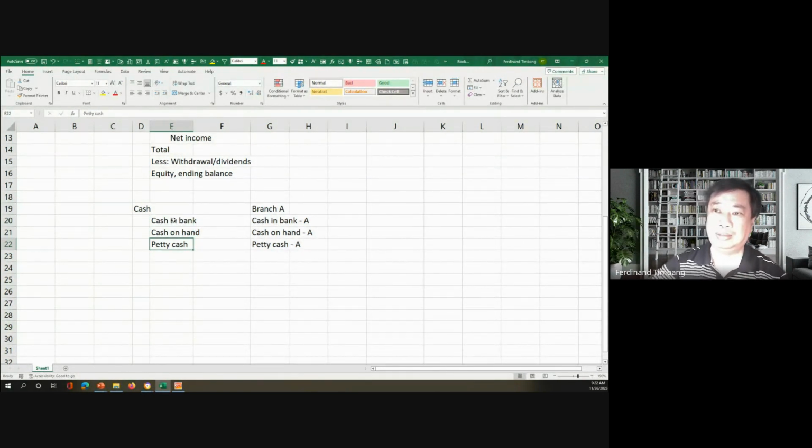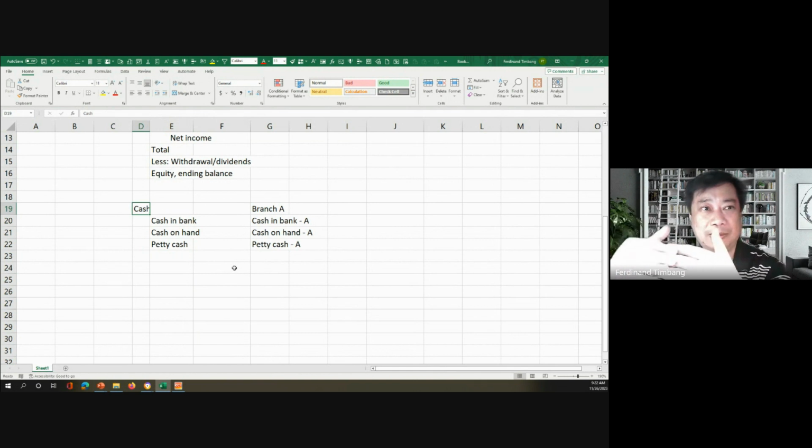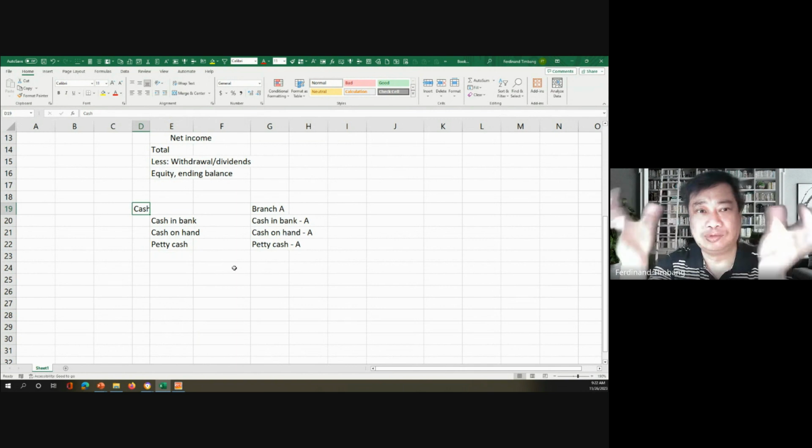But these 3 accounts should also be summarized into one account, which is cash. Kasi kung hindi, yung statement of financial position ninyo, mabibisit yung babasa ng statement of financial position ninyo. Dapat ganito, ang daming cash. Pwede naman siyang i-consider as one.